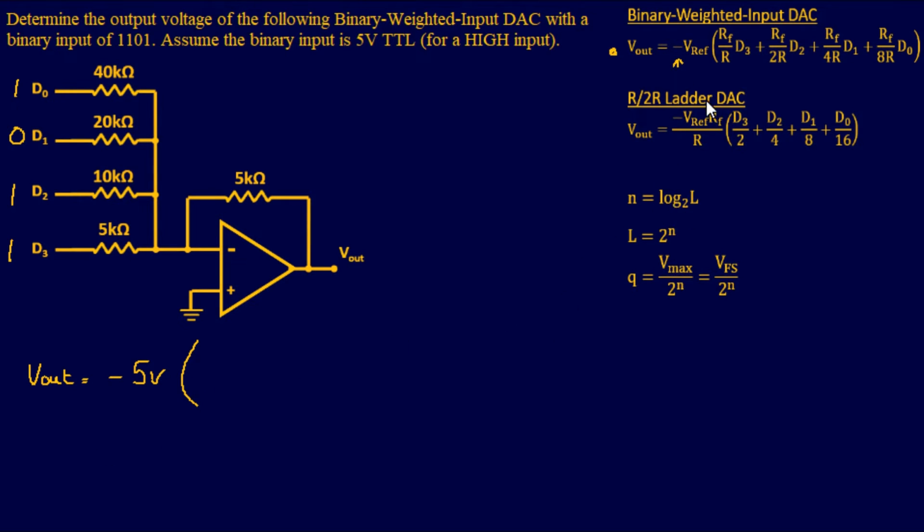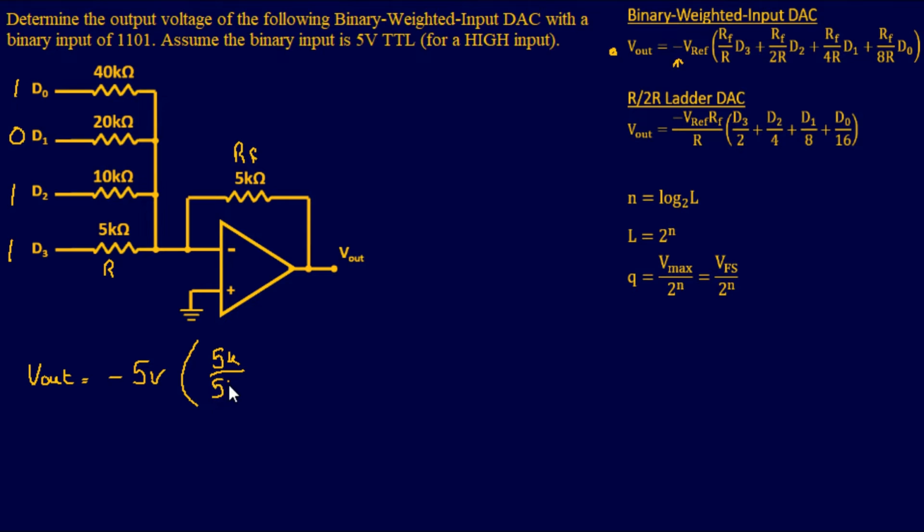And then it says our feedback resistor divided by R. In this case, that's our feedback resistor right here, 5 kilo ohms, divided by this resistor right here because we're starting with the most significant bit, D3. You always start with your most significant bit when you're doing these formulas because it can continue on forever. So feedback resistor divided by R, that's this guy.